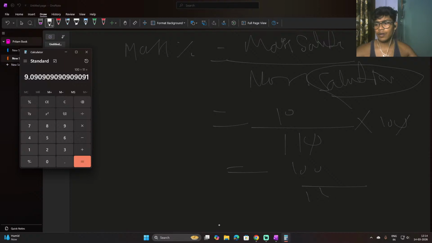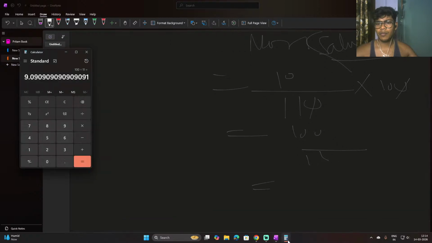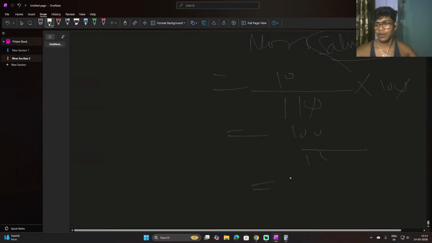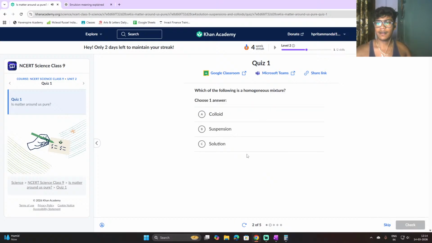No, 9.090. Yes, that's right. Now which of the following is a homogeneous mixture? Here it says homogeneous mixture, so it will be solution.